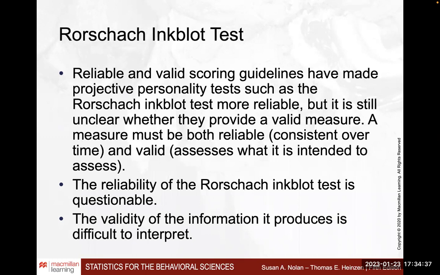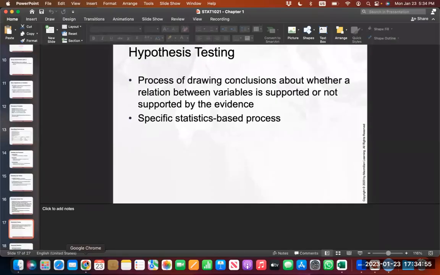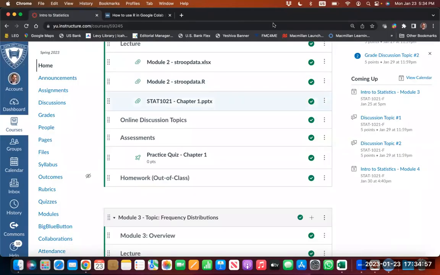So various tests exist that are neither reliable nor valid. An example here, I don't know who of you knows maybe the Rorschach ink blot test. I usually always show a picture. There are usually good pictures here.